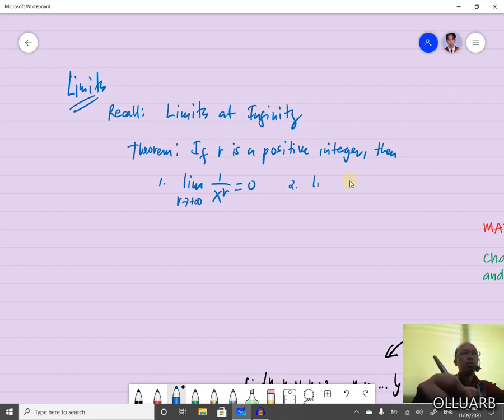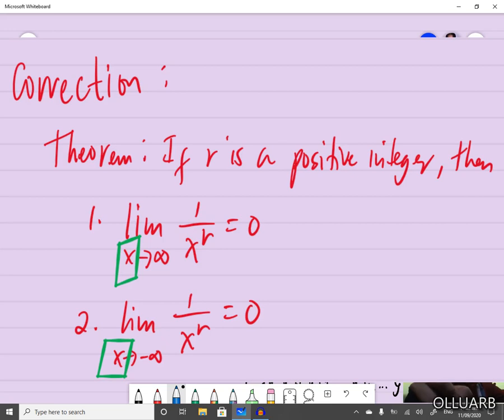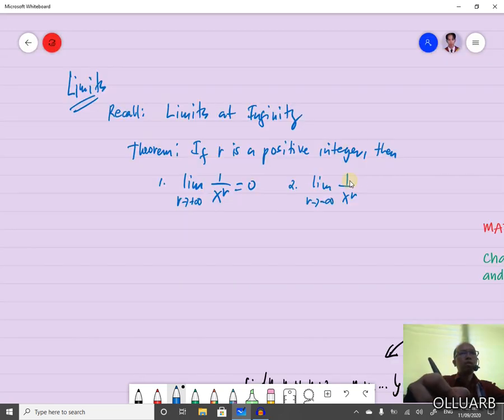And the same also for r approaching negative infinity. It's also 0. So this is a topic in calculus 1 that you should recall.